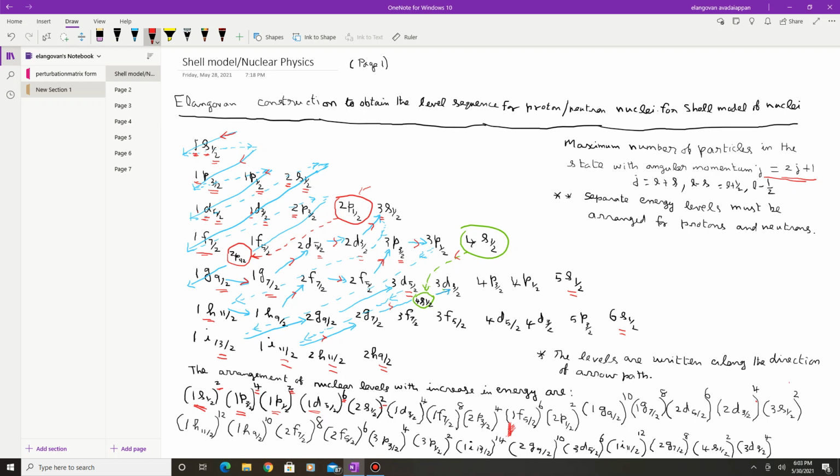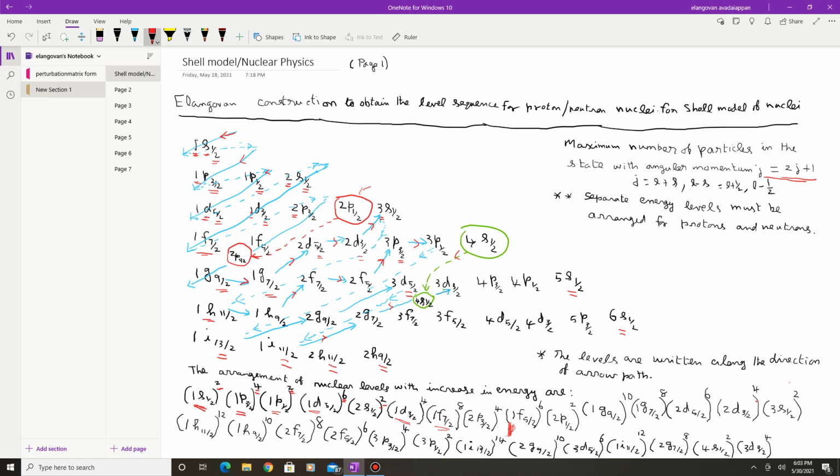So there are two nuclear levels, one corresponding to the proton and another corresponding to the neutron. So the levels are arranged in this form. So next one here, 2s half 2, then 1d 3 by 2 4, 1f 7 by 2 8, and so on. So you note down this one.